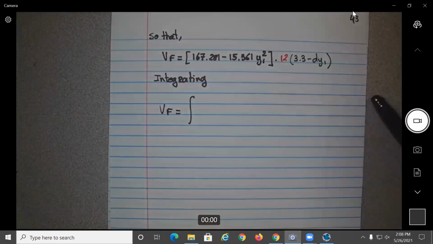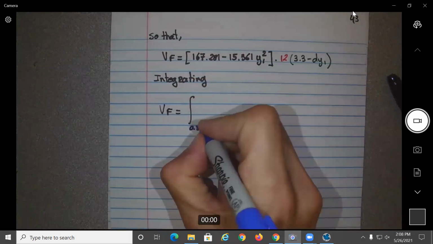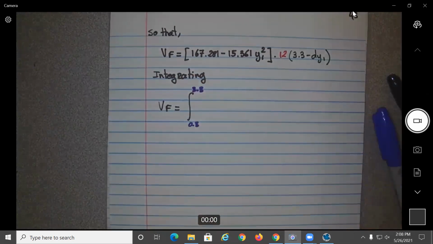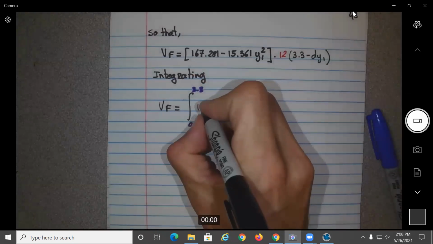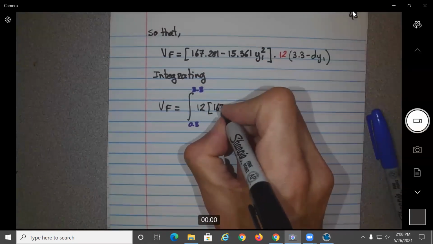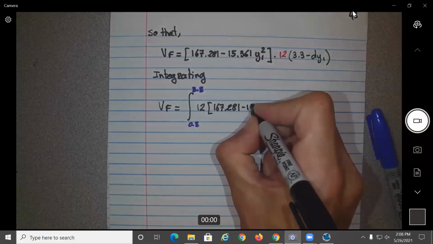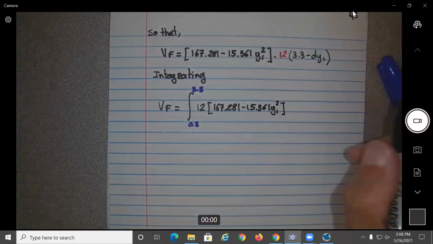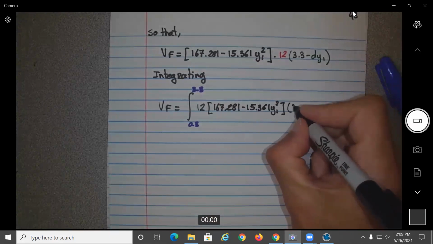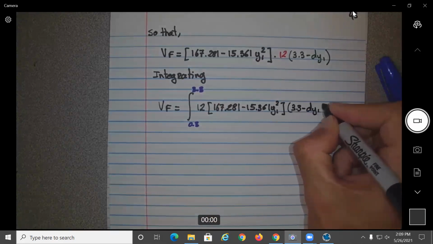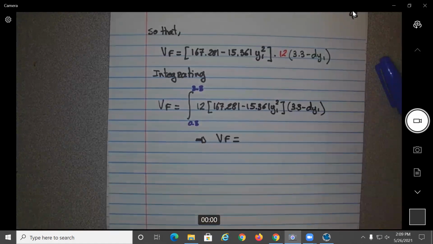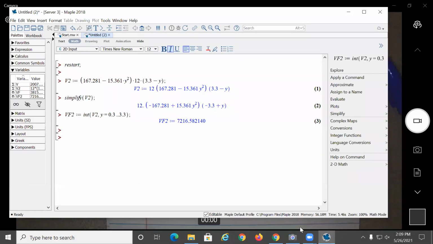Will be equal to the integral between 0.3 to 3.3 of 12 times 167.281 minus 15.361 y sub 1 squared times 3.3 minus dy sub 1, and this will give you that V sub F is equal to 7.216 kip.